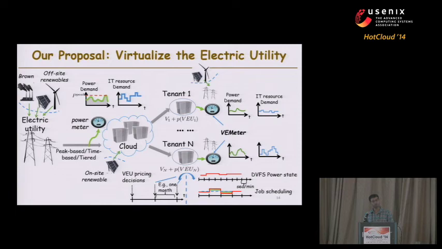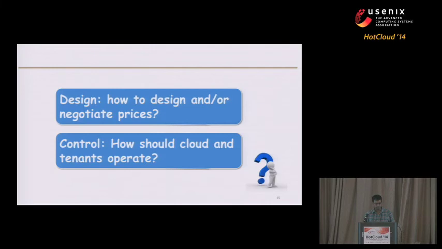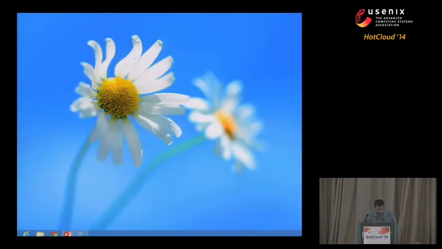Okay? There would be an additional complication because of the presence of power-related costs and power-performance trade-offs. So those are the two kinds of problems that we envision working on in the future.